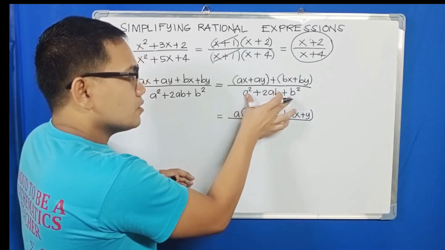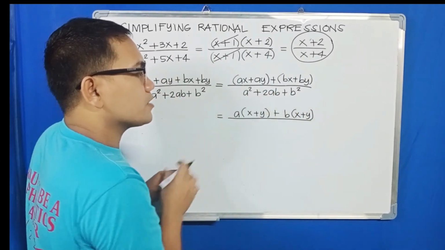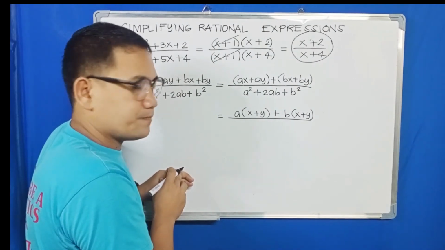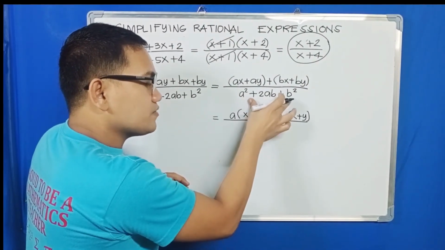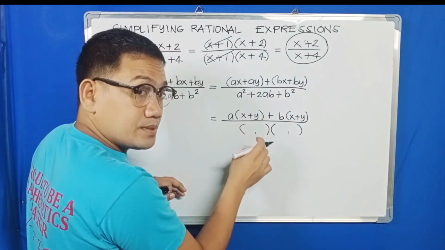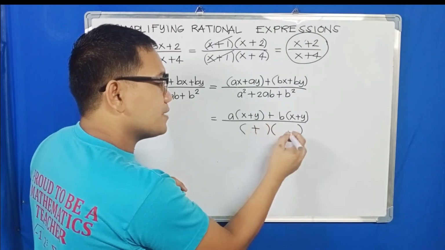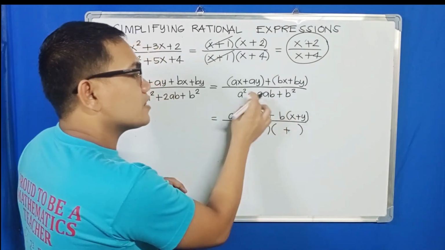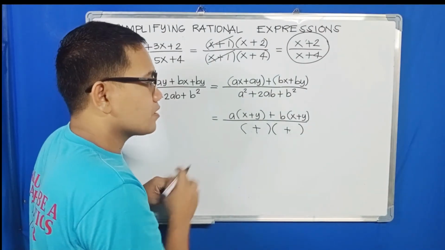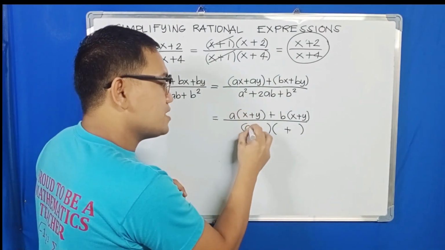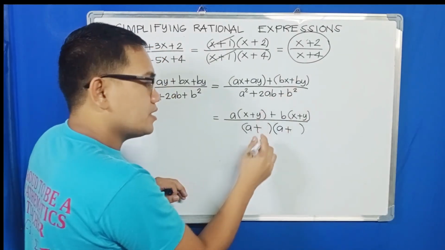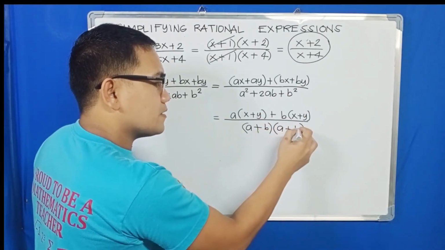And let's also factor out this trinomial a squared plus 2ab plus b squared. So possible factors of this trinomial would be two binomials. So the terms in our binomial will be separated by a plus sign for the reason that our second and third term are both positive. Factors of a squared would be a times a, and factors of b squared is b times b.